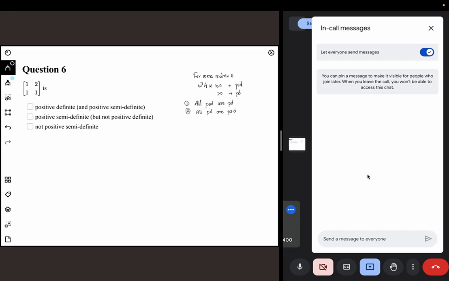Or, for those of you who like to do it in a more visual way, let's say these are positive semi-definite: all PSD are PD, or the other way around, all PD are PSD. Which one of these two statements is true?